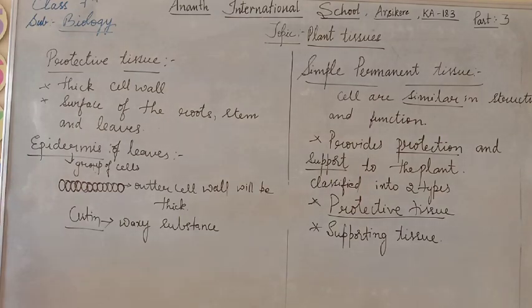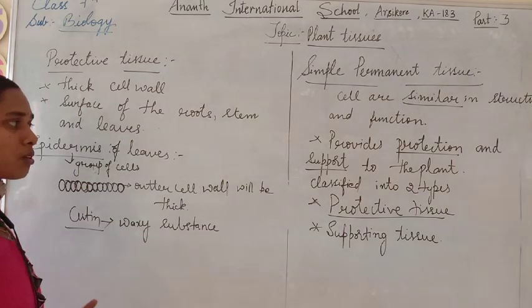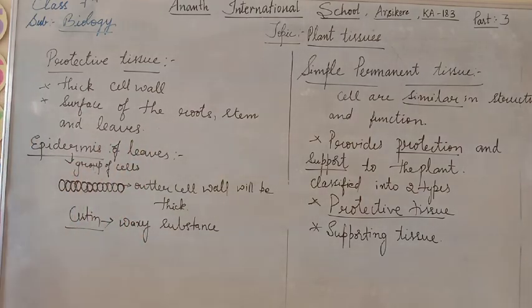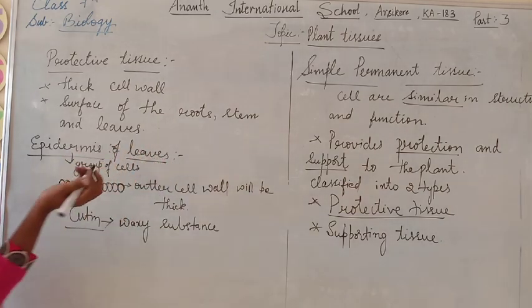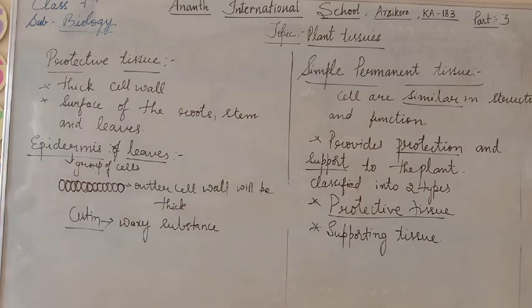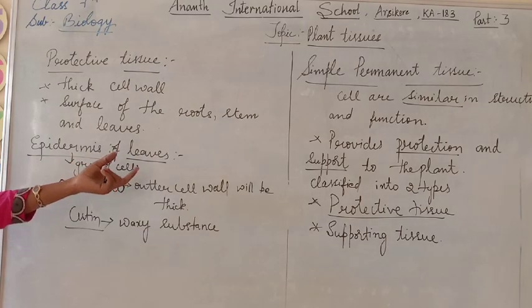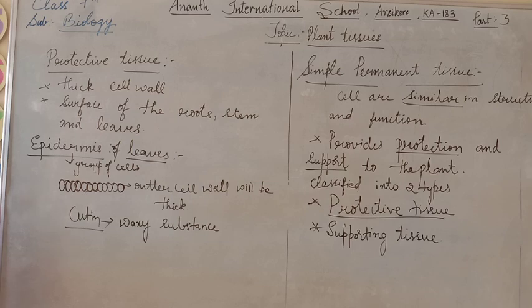So what is the function of this waxy substance, the cutin, present in the leaves or any part of a plant body? Here I have taken the example of the leaves, focusing on how cutin helps them.